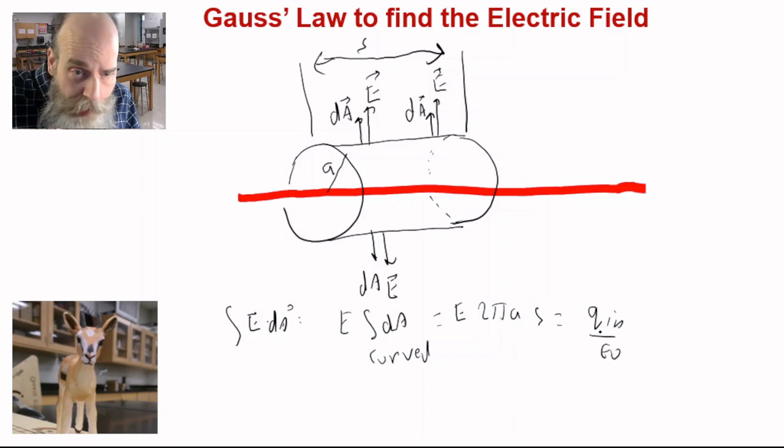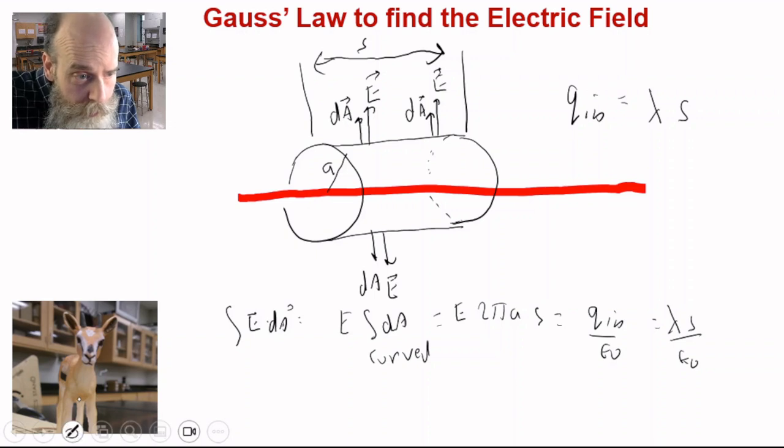So Q inside, we have Q in is charge per length times the length S. So it's lambda S over epsilon 0. Now look what cancels out. S cancels out on both sides.